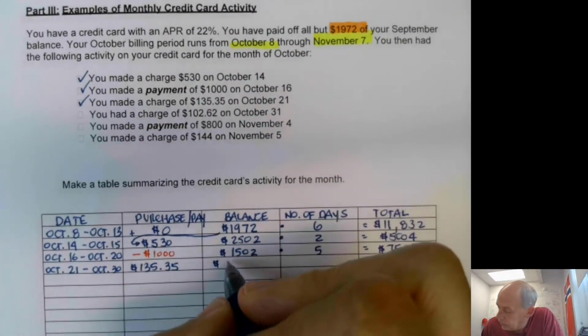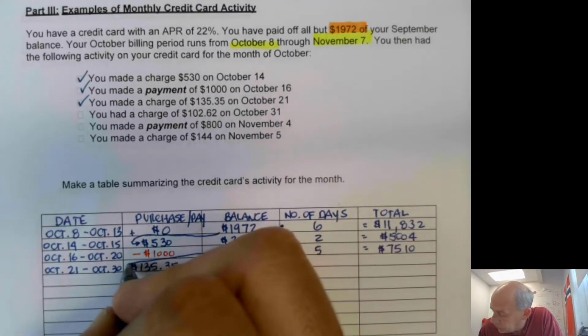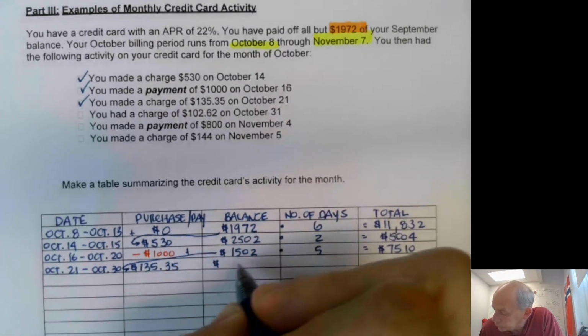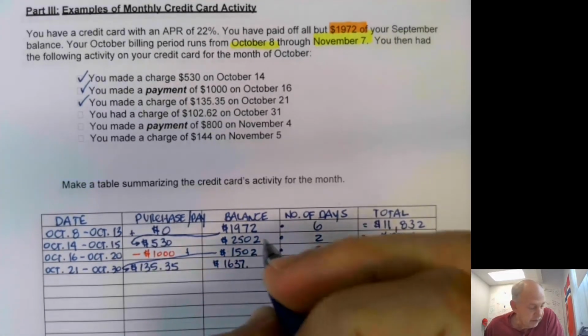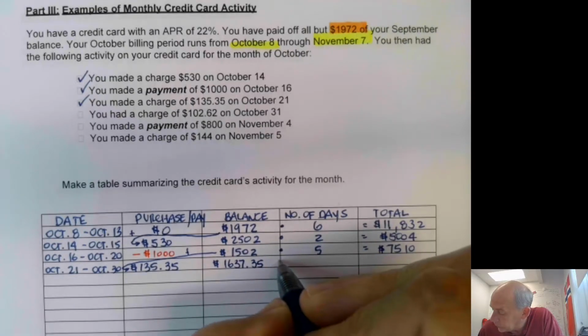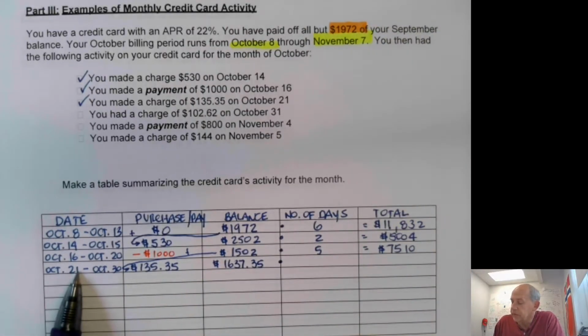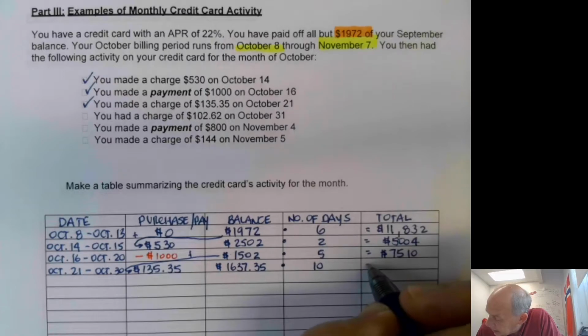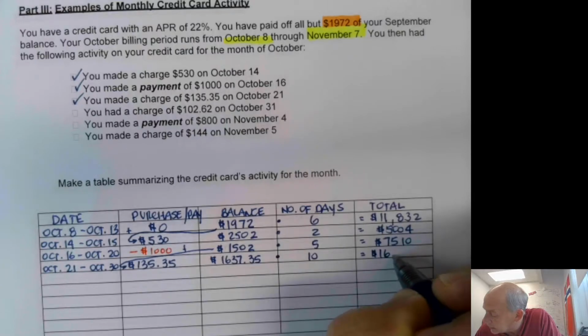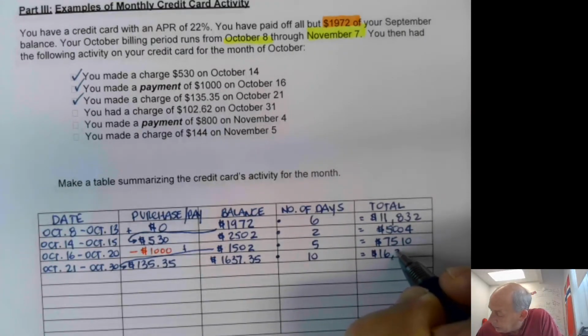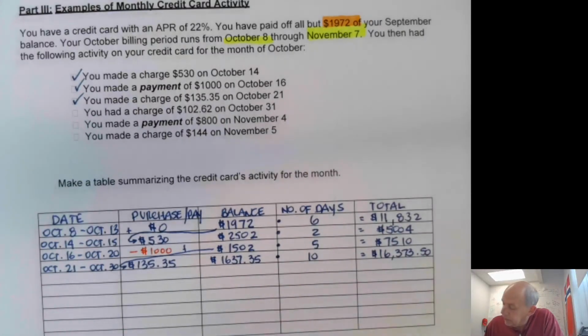I'm going to add the two numbers, 1502 and that one, and that's going to increase my balance to $1,637.35. The number of days, the 21st, 22nd, 23rd, 24th, 25th, 26th, 27th, 28th, 29th, 30th is 10 days. Multiply those two numbers together, and we get $16,373.50.